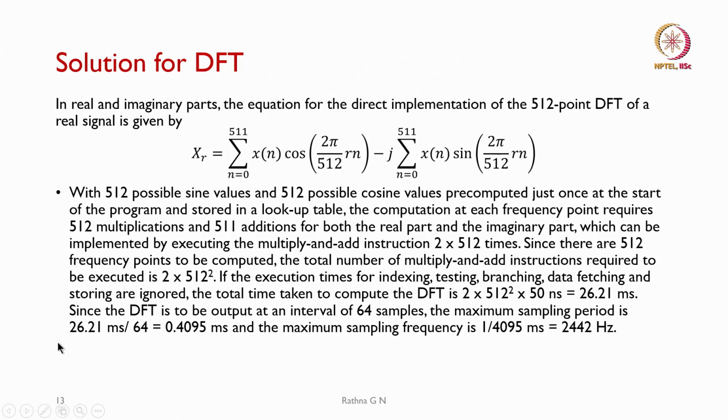So, we divide 26.21 by 64, which gives us 0.4095 milliseconds to do the DFT for 512 length. The maximum frequency we can operate this circuit with is 1 by 0.4095 milliseconds, which comes to about 2442 hertz or 2.442 kilohertz. So, this is what we get with the DFT.